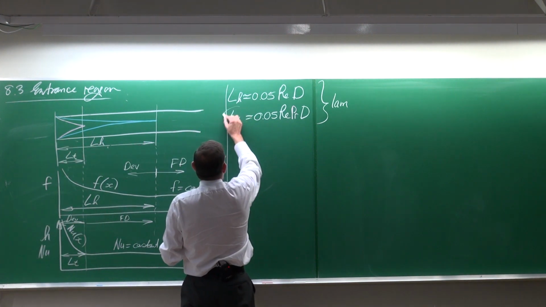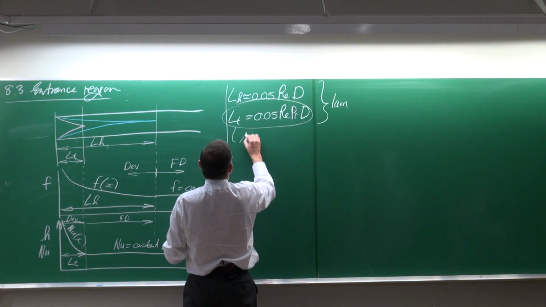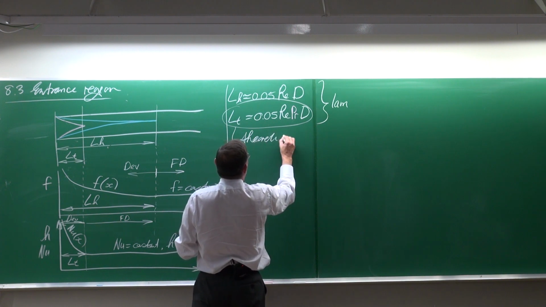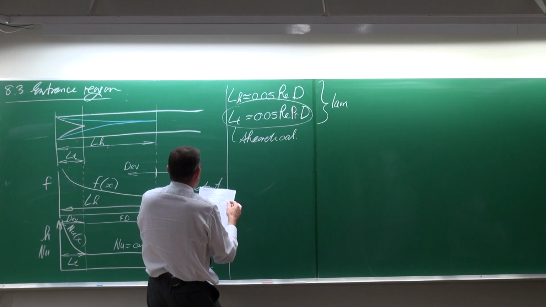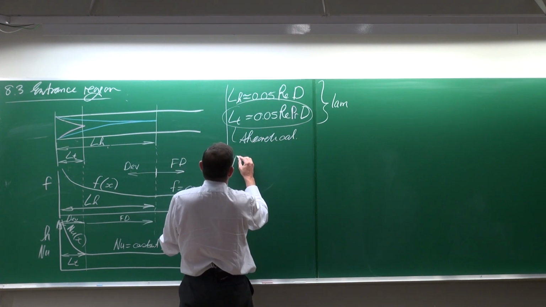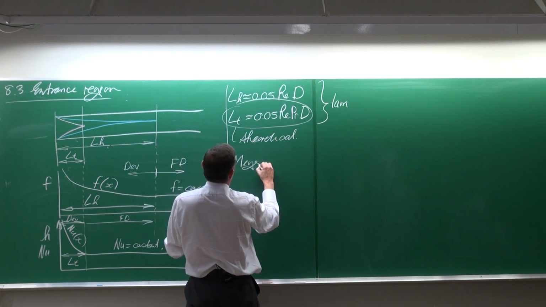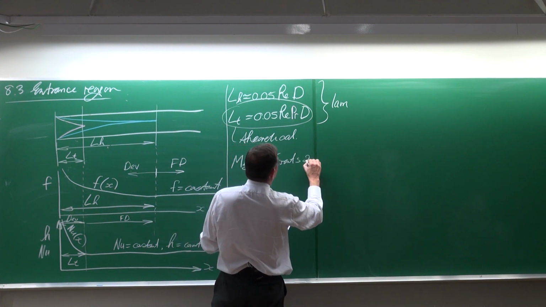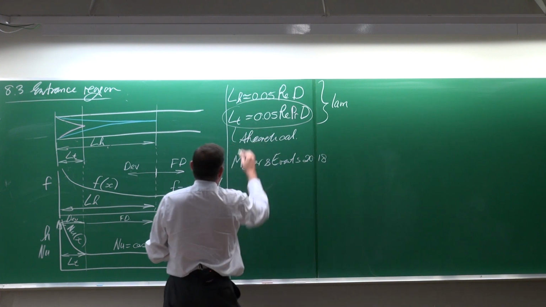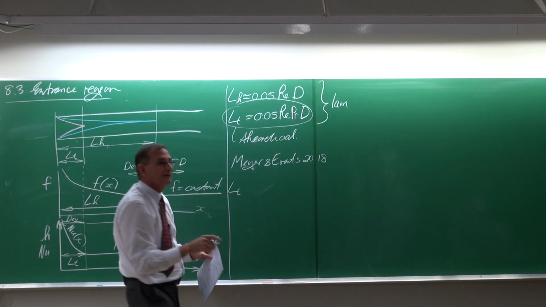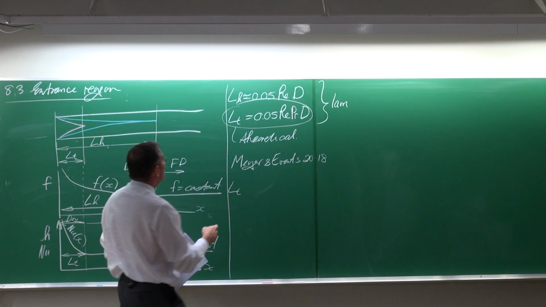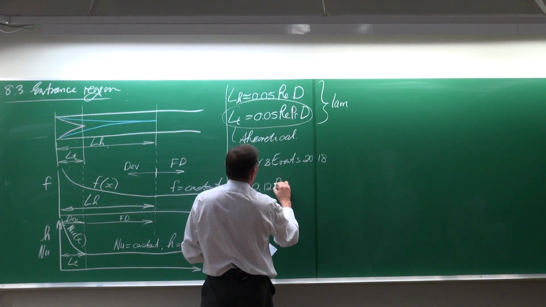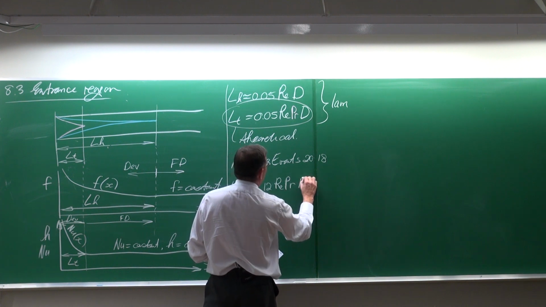Now this equation is a theoretical equation. Okay. If you go and look in the work of Meyer and Everts that we published this year, 2018, you will see that if you compare that length with experiments, it is actually equal to 0.12 Reynolds Prandtl times the diameter.